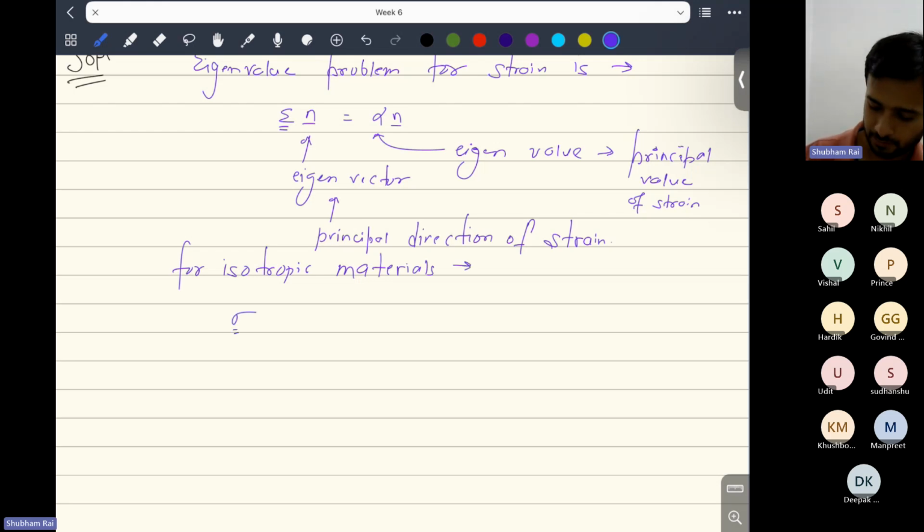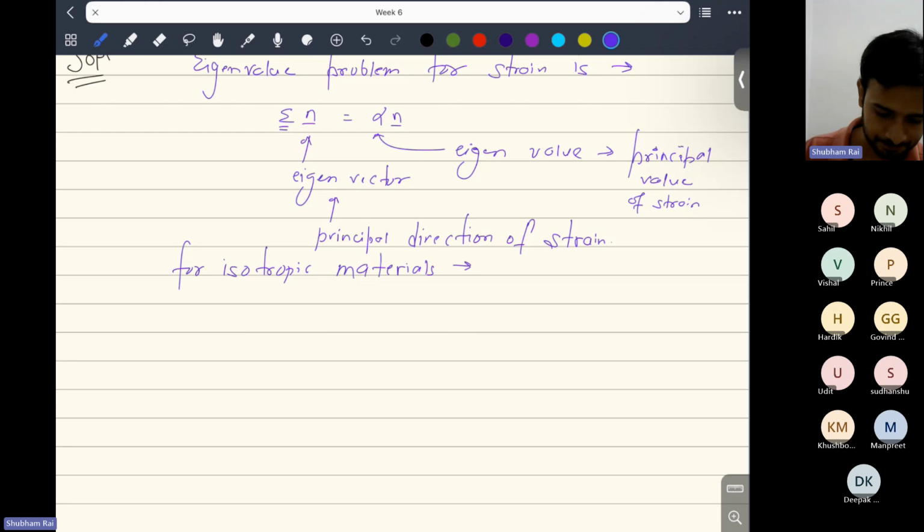So stress is given by lambda times trace of strain tensor. Let me just write it firstly without multiplying with n.